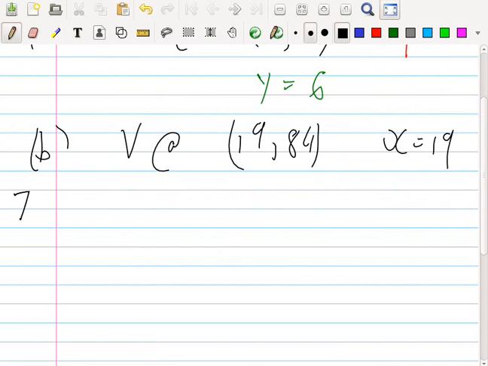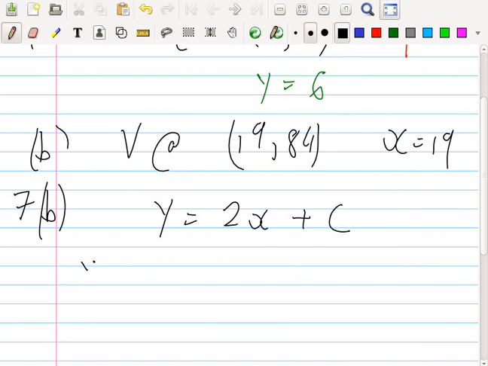Now, 7b I'll do here. Find the equation of the line that has slope 2. So that means m is 2. And we don't know the c, but we do know it crosses the x-axis at 3. So what does that tell us? Yeah, that's it.